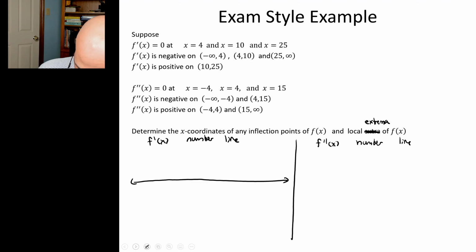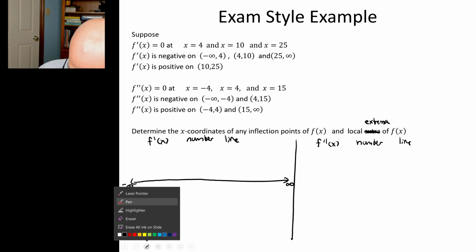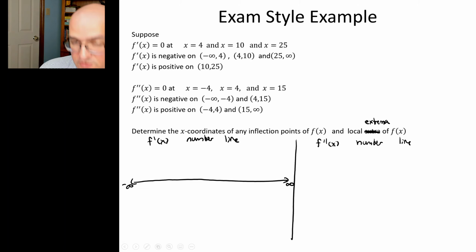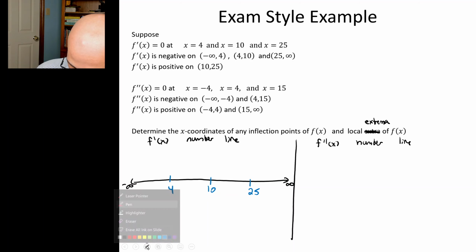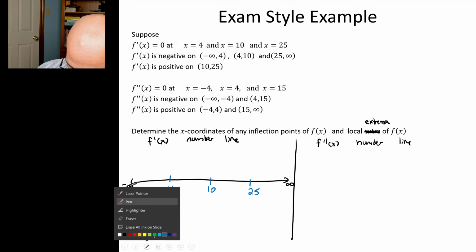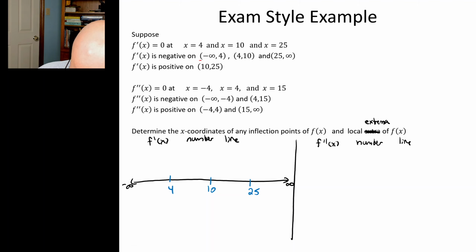So I'm going to put down those special numbers that are in the question. The first derivative is 0 at 4, 10, and 25. And then we have information about the first derivative being negative for -infinity to 4.